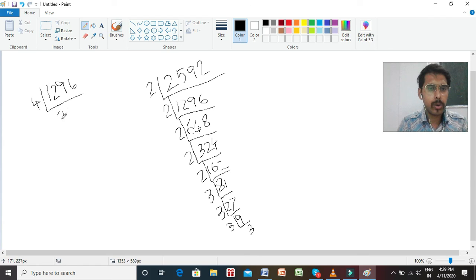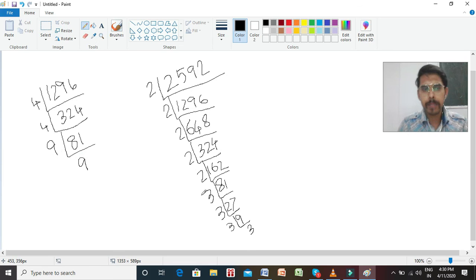So this is 4, 3, then 2 and 4. Again we will divide by 4, that will turn to 81. And finally we can understand 81 is nothing but 9 square, so 2 9s will go here.